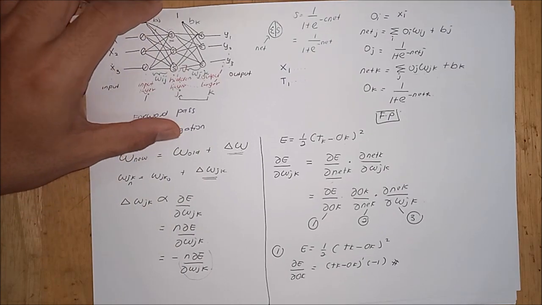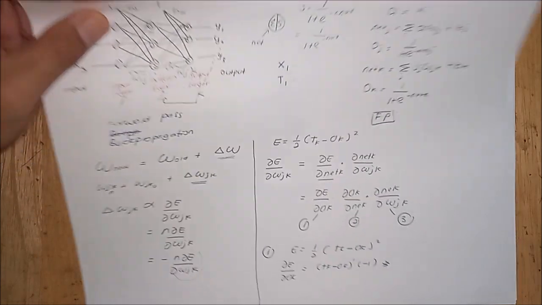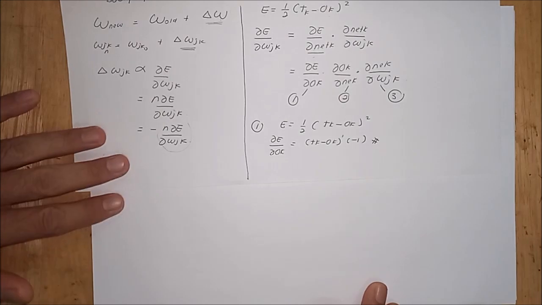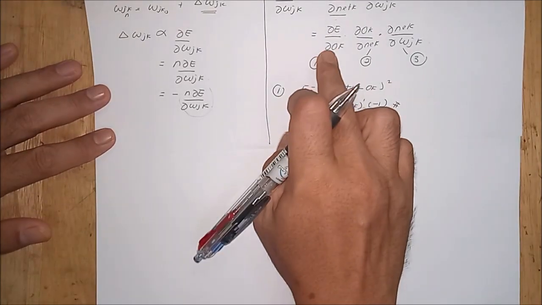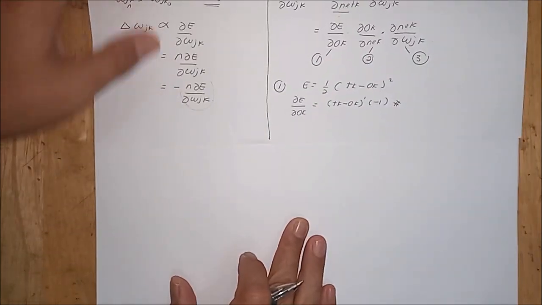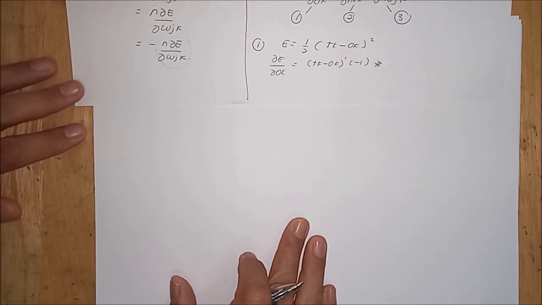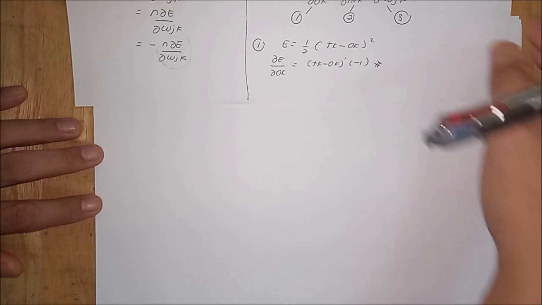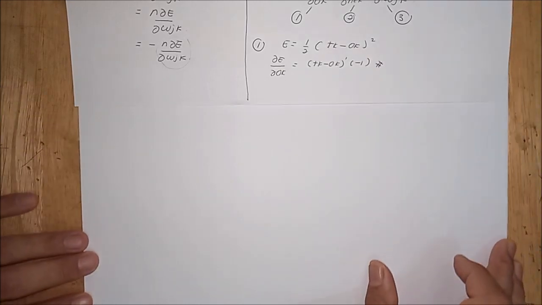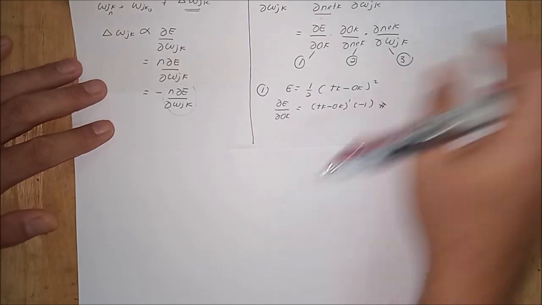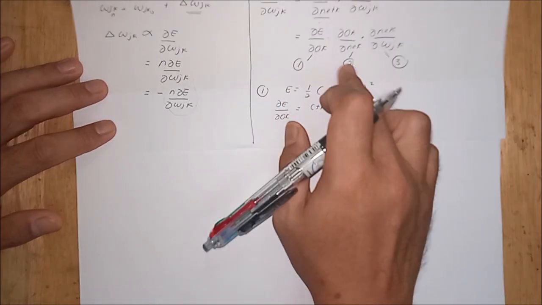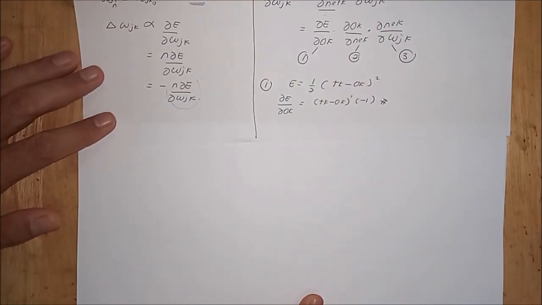So the next part, we will move to the second part of the derivation, which is dok over d net k. So I will place the thing near here so that you can see the second part of the derivation process.